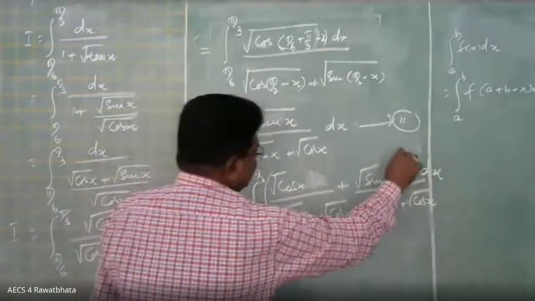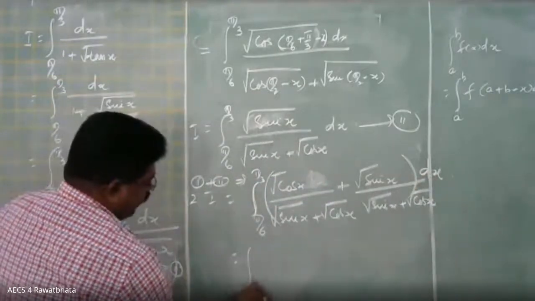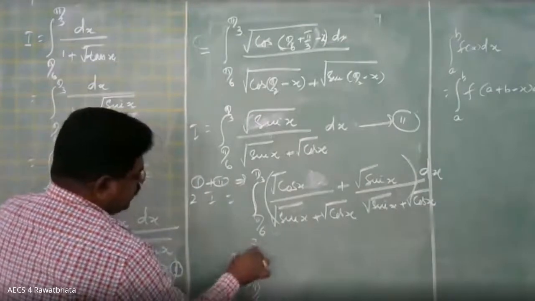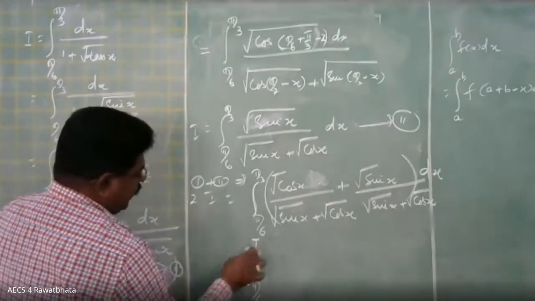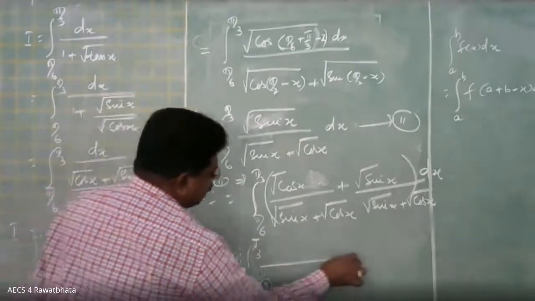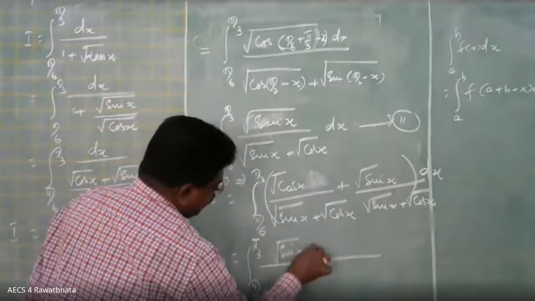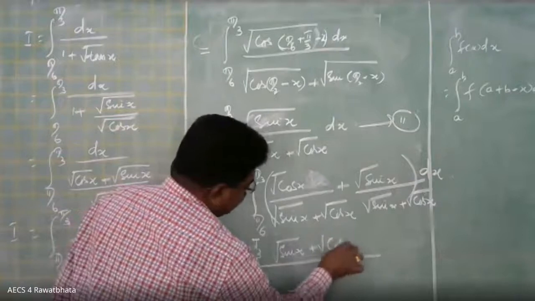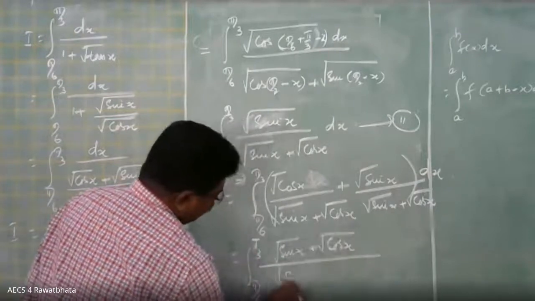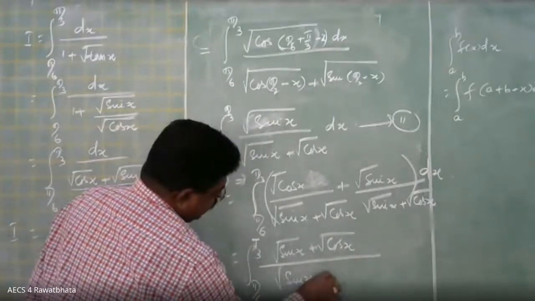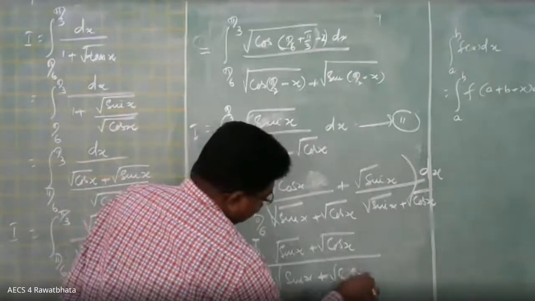Correct? So that is equal to the integral from π by 6 to π by 3 of root of sin x plus root of cos x, the whole upon root of sin x plus root of cos x.